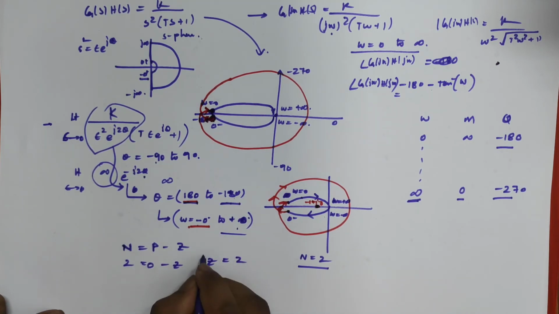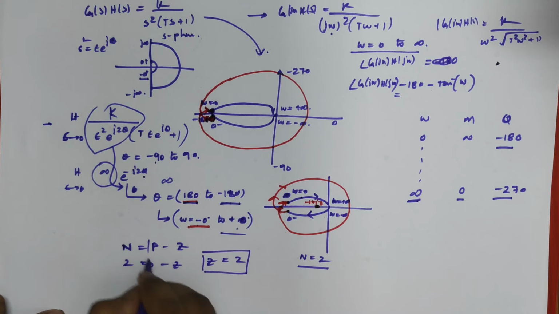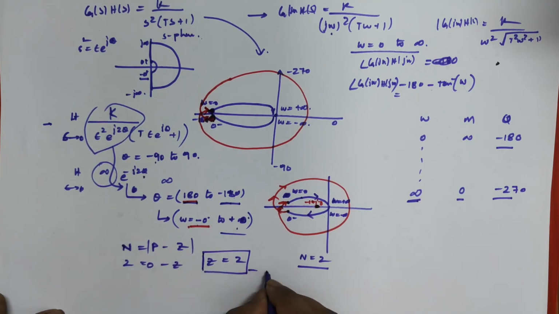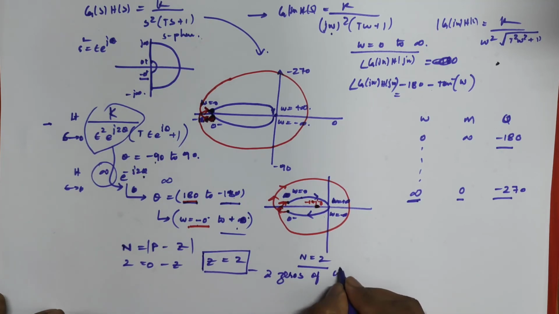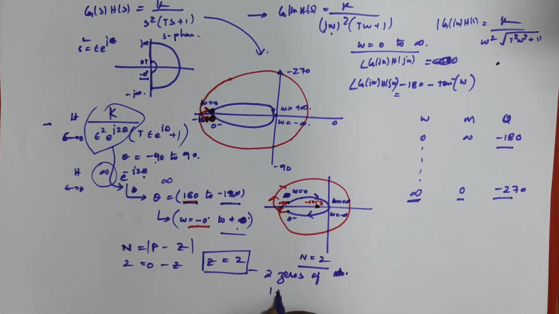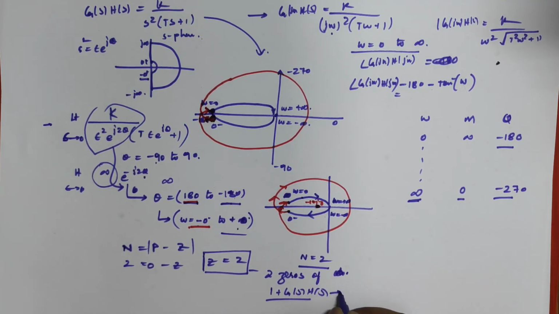That means there will be 2 zeros, 2 roots of 1 plus G(s)H(s), that is, 2 zeros of the closed loop system. This function has 2 roots.